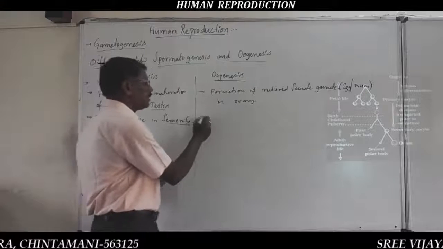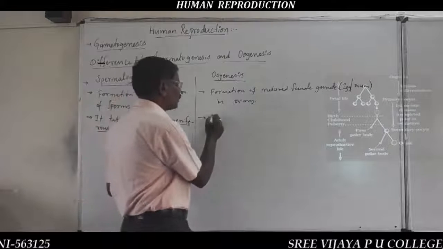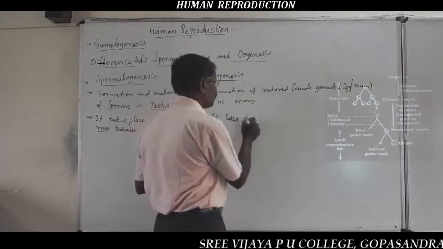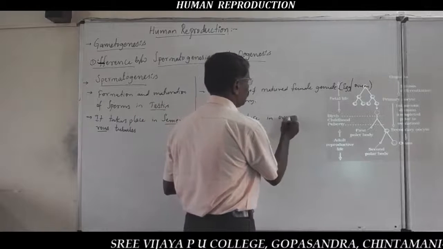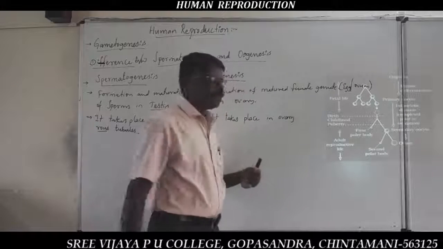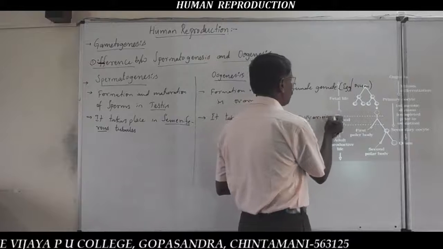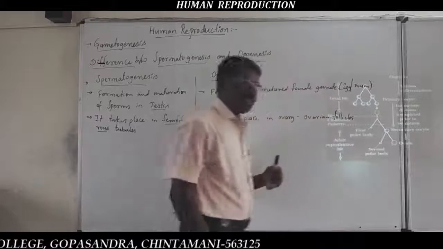Like here, oogenesis takes place in the ovary, by ovarian follicles.